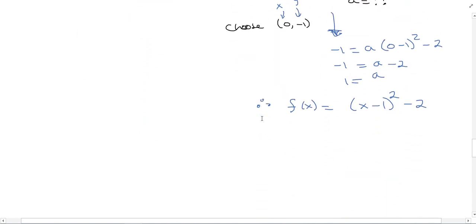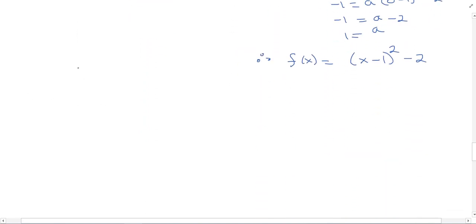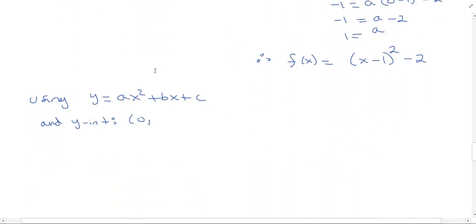So using y equals ax squared plus bx plus c, and knowing that we have the y-intercept of 0, negative 1, we can say then the equation becomes y equals ax squared plus bx minus 1, right? When x is 0, a and b go away, you're left with c equals negative 1.